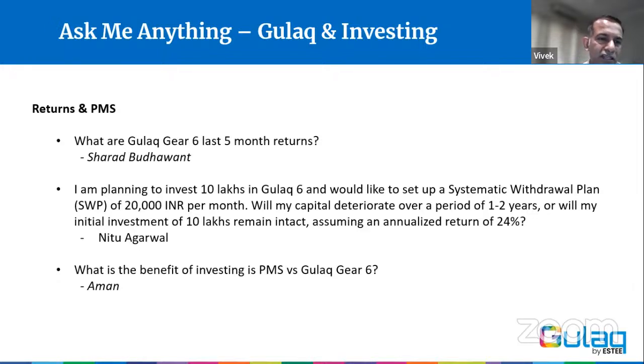Okay, so if you are able to make that 24% annualized return, that is 2.4 lakhs, and you'll be able to withdraw 20,000. That sounds like a good plan, but Neetu, in reality, I think a 24% expectation is a bit too high. If the overall markets are also good, we might do even more than that.